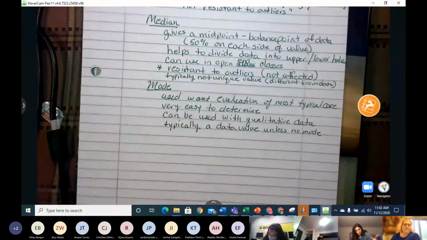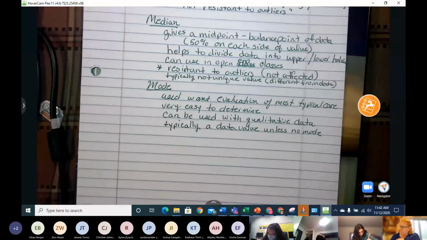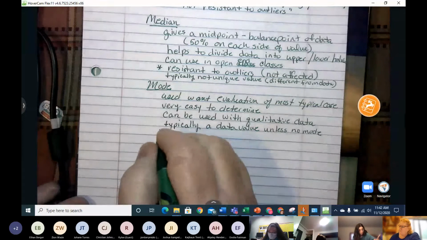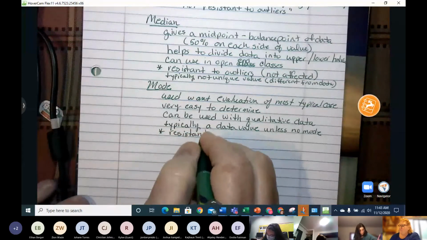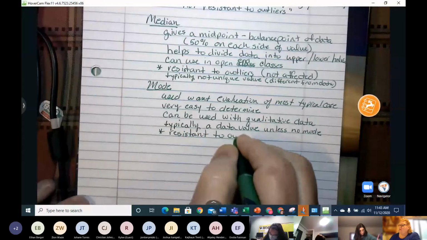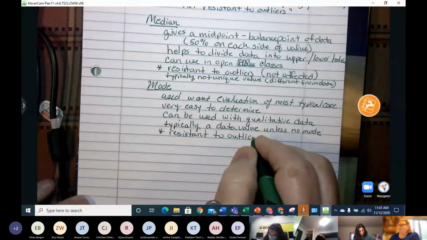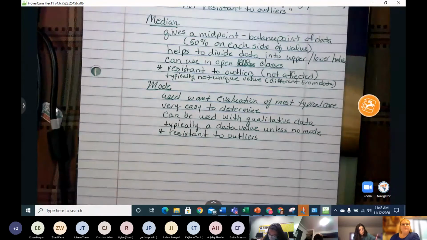The mode is typically a data value unless there's no mode. And it is resistant to outliers. Again, resistant means it's not affected by outliers.